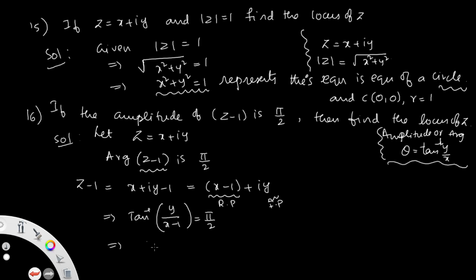That is nothing but y by x minus 1 equal to tan pi by 2. Tan inverse comes to this side as tan pi by 2. Tan pi by 2 is nothing but infinity, which we can write as 1 by 0.